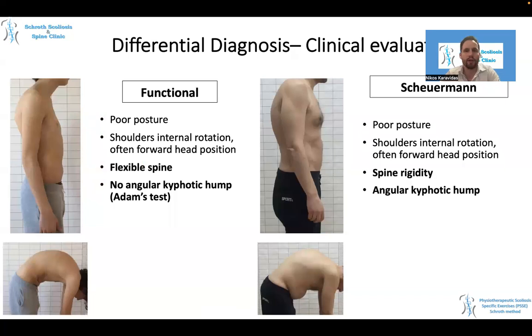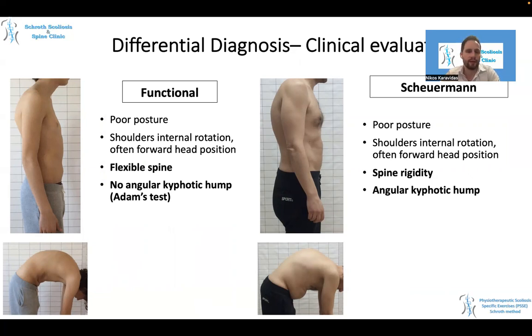The first thing that we need to clarify when we need to differentiate between functional and Scheuermann kyphosis is to have a proper clinical evaluation. So there are some clinical and radiological criteria that we have to take a look at to decide if this kyphosis is functional or Scheuermann kyphosis.